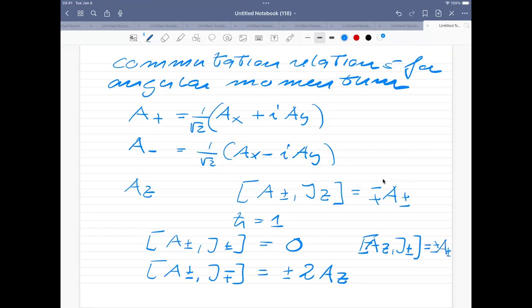And finally, I have the relation between A_z with J_z, which is equal to 0. And that A could be J, just any operator. And these are vectors, right? Like J is a vector with x, y, and z components, and A is a vector with x, y, and z components. And these are the commutation relations which you may find in standard textbooks.